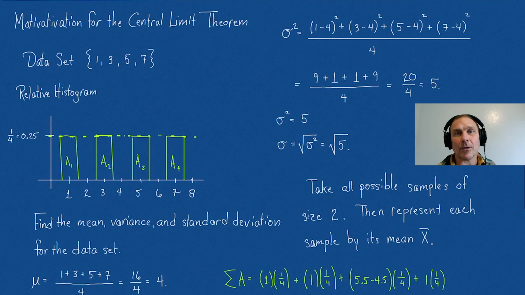Notice this is just 1/4 plus 1/4 plus 1/4 plus 1/4. That's 4/4. That is just 1. Just like the area under the standard normal distribution. The area of those rectangles is 1.